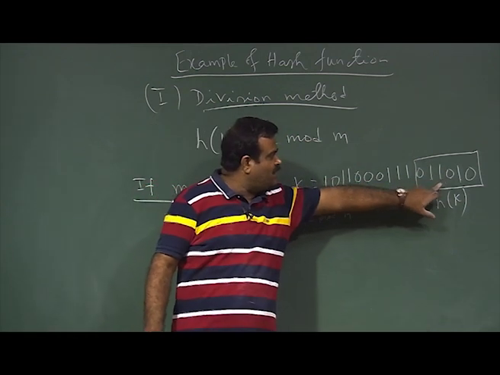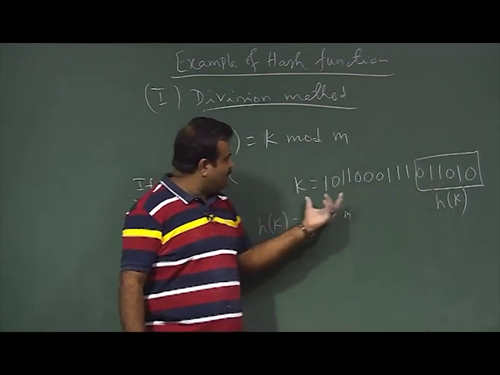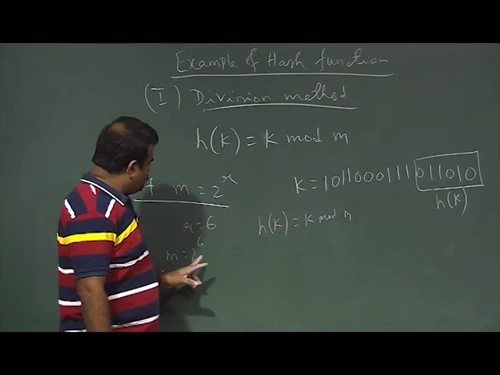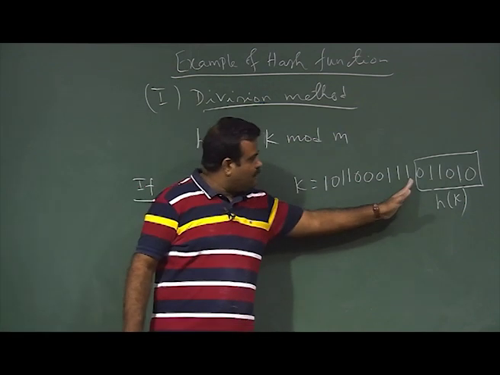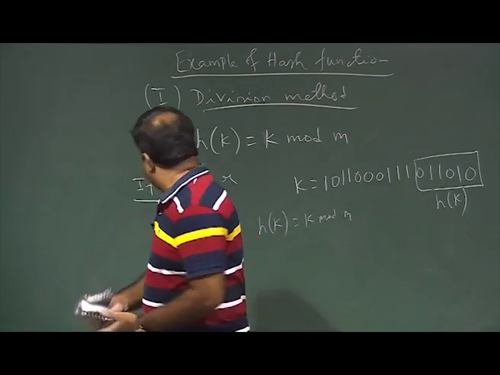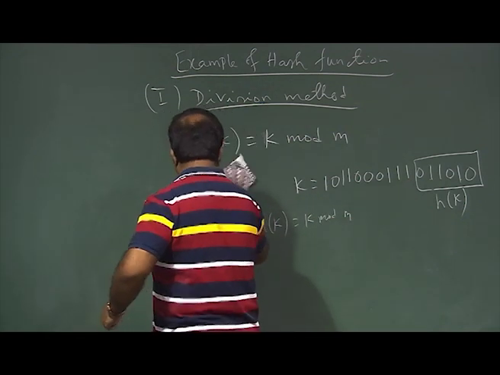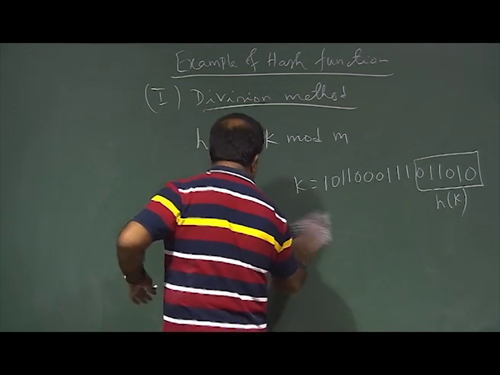Why is this happening? Because if we take the mod of 2 to the power r, we can write this as follows.